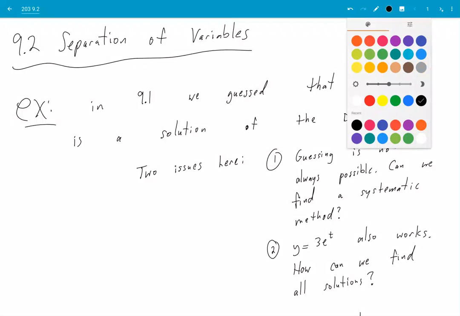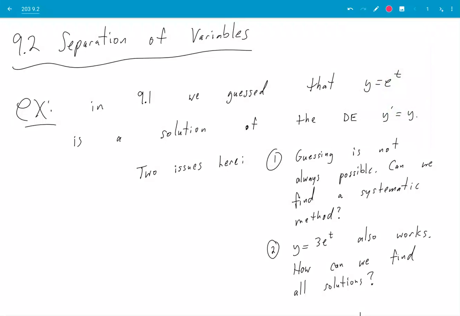So, guessing is fun, but we want something more systematic, a method, a step by step recipe. Solving differential equations is a subject on its own. You can take many courses in differential equations.